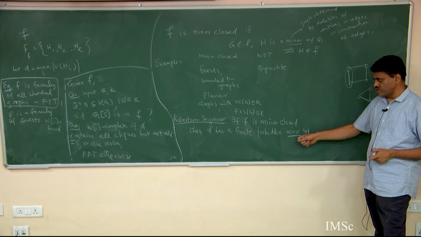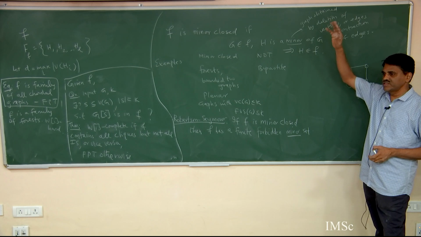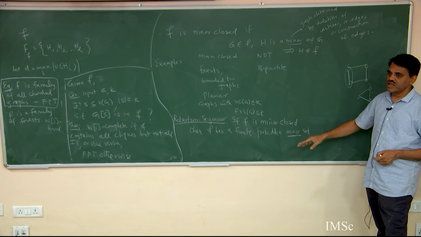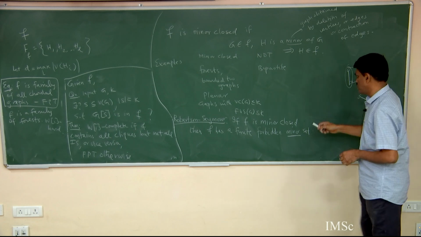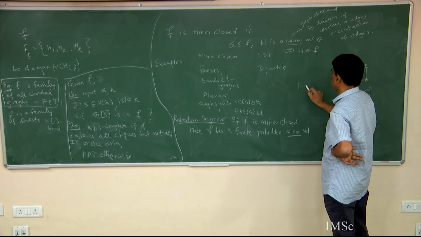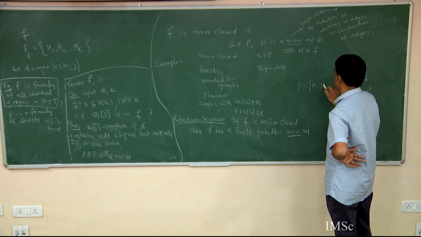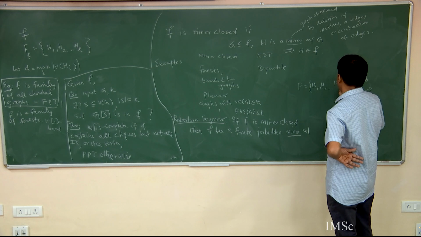But here, what do you mean by forbidden set? In the hereditary case, it was just induced subgraphs. Here, you are looking at minors. So my forbidden set may have H1, H2, some HL.